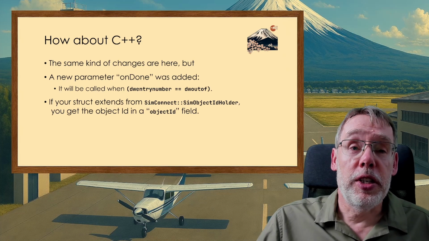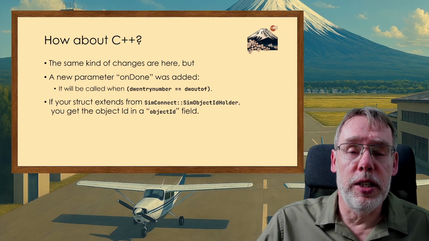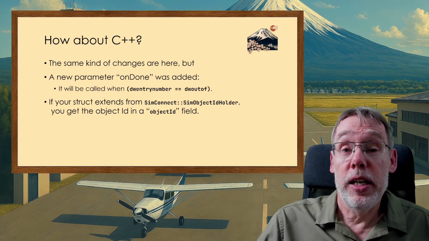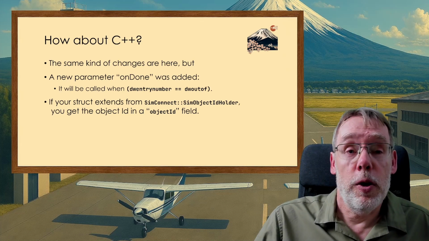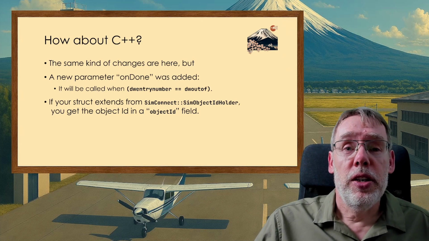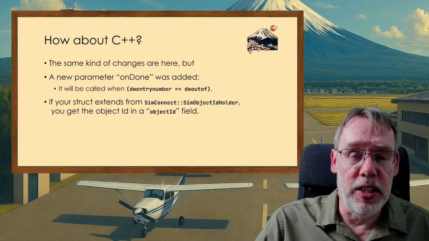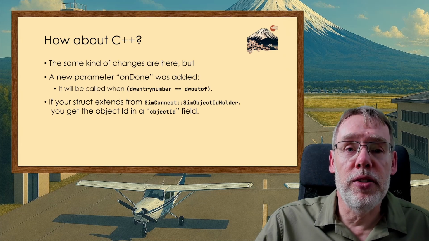Your struct can extend from a very simple struct that is in the header files called SimObjectID. It just defines a single field called the object ID, and the library will recognize that your struct extends this and then put the object ID from the message in this field.